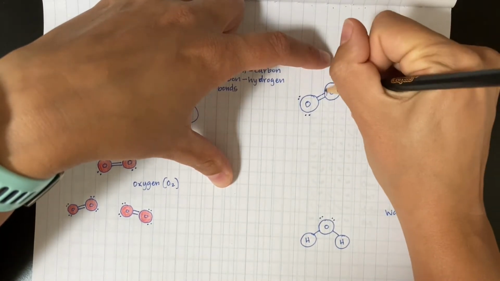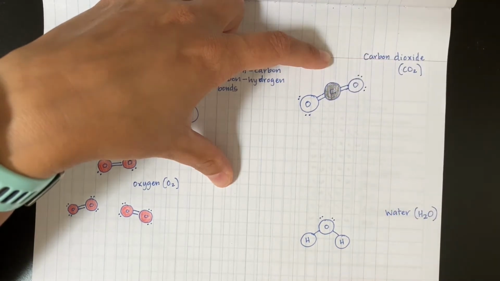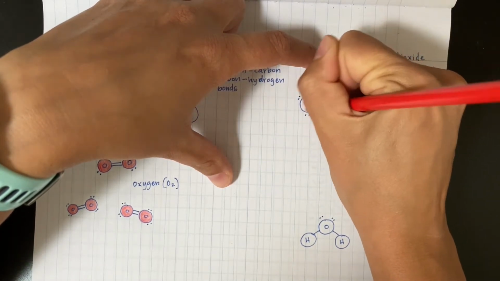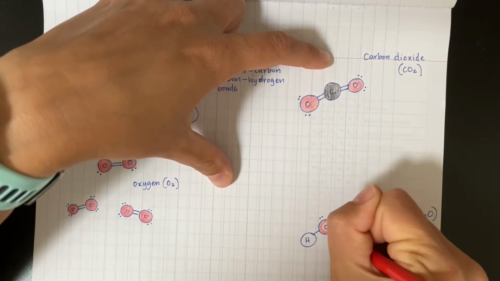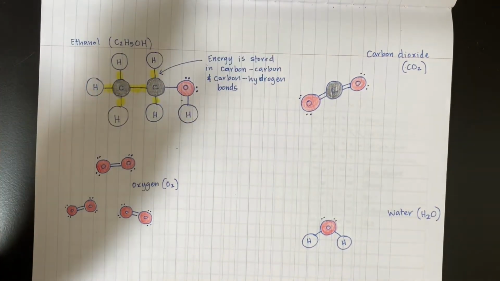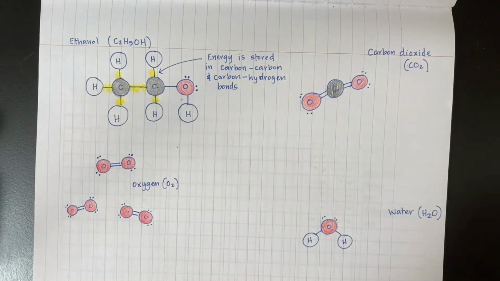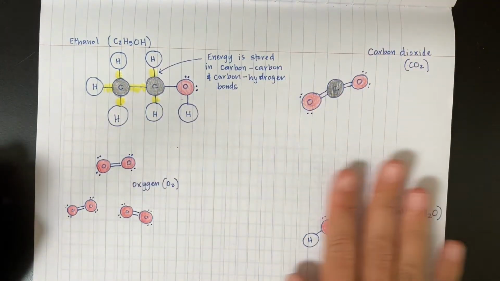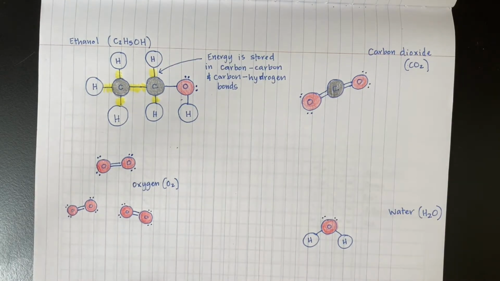So if I color this in so that we know what we're building, I'm going to have my carbon atom, which is black, my oxygen atoms, which are red, my oxygen, which is red, and my hydrogens, which are white. So let's build. Remember that all of the atoms on this side of the equation have to be on this side of the equation because atoms cannot be created or destroyed.